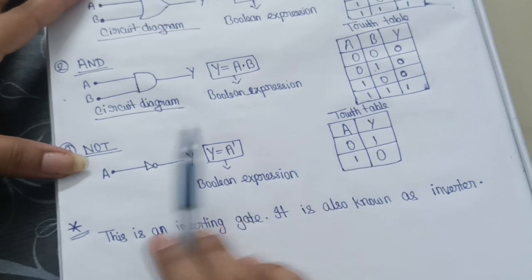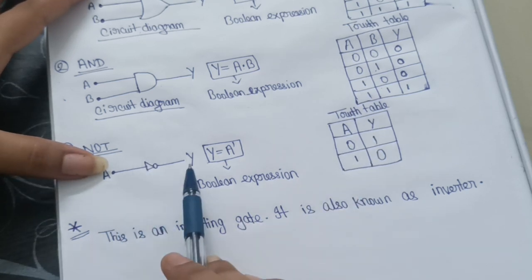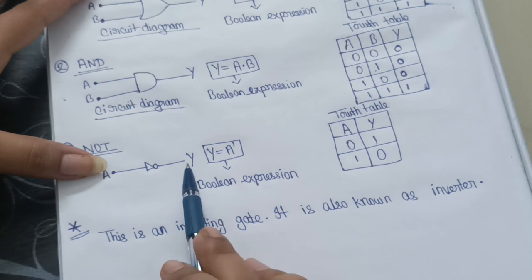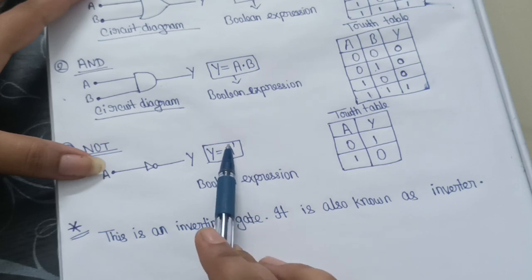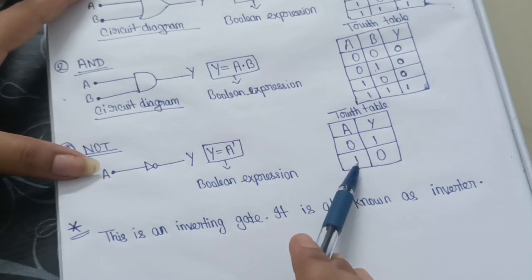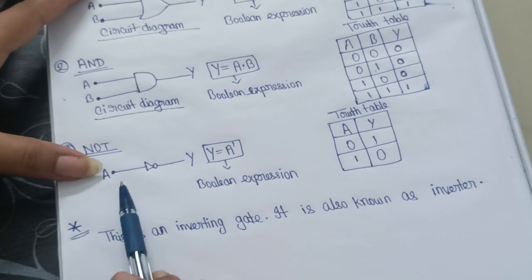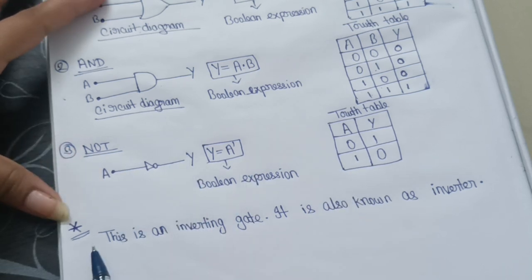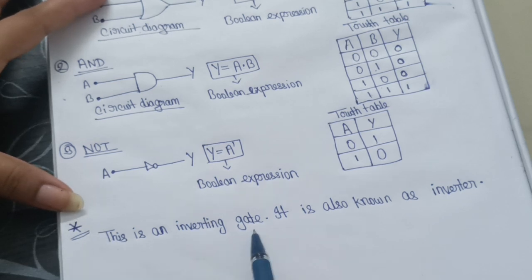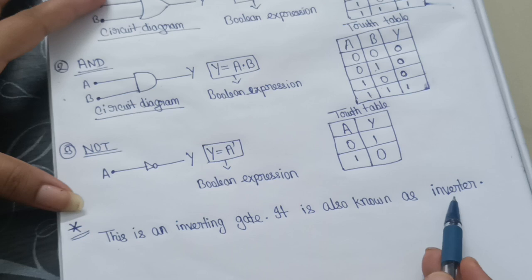Suppose A equals 0, then Y is 1 because of A dash. Then suppose A equals 1, then Y equals 0. The NOT gate is also known as an inverter.